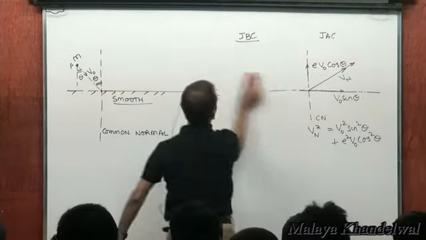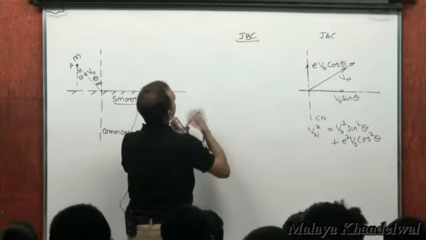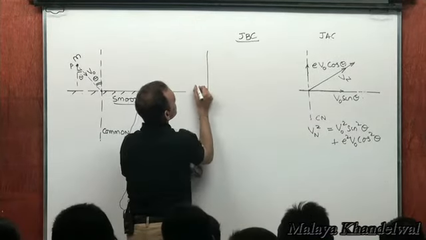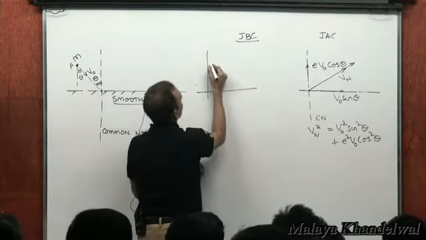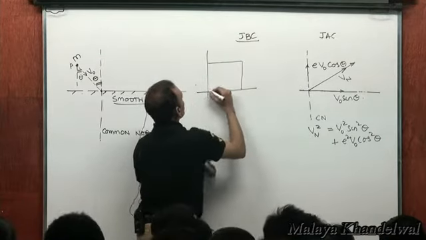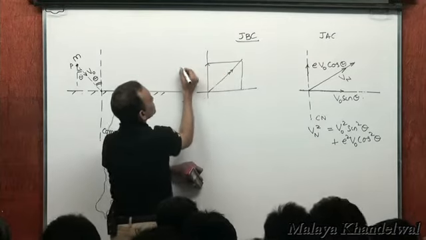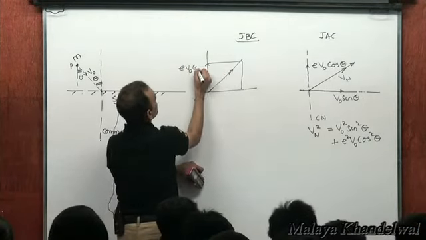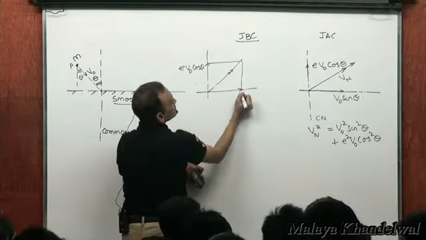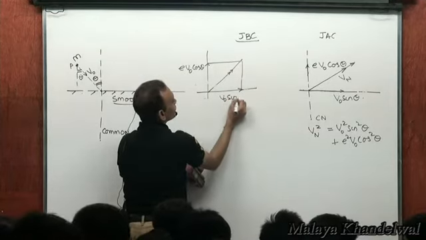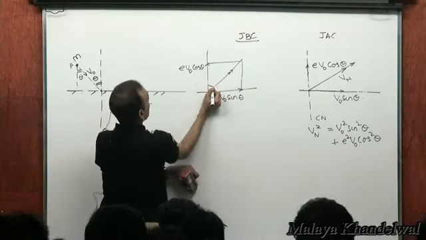That means after impact, realize that this is the velocity diagram. Just after impact, this is Vn, this is e v naught cos theta, and this is v naught sin theta. And suppose this angle is beta.